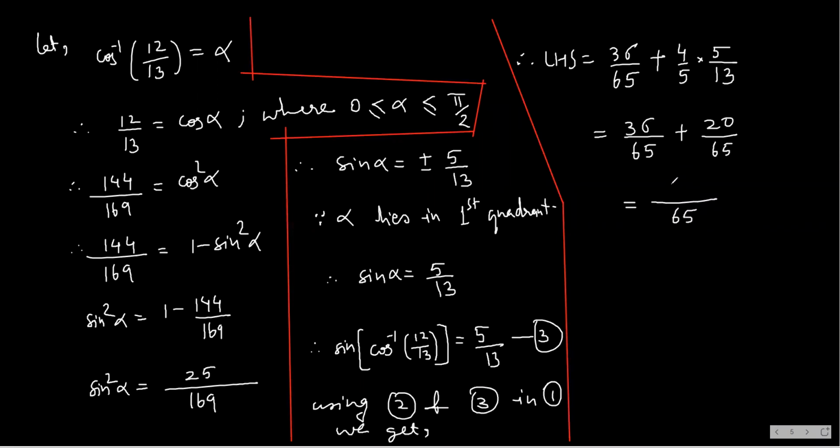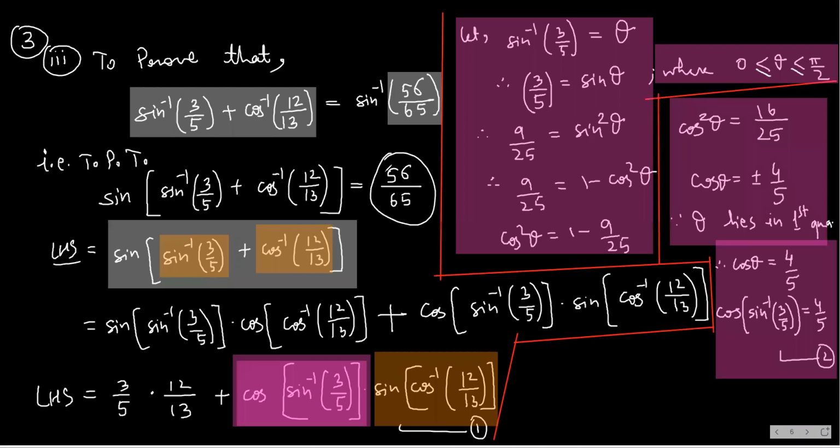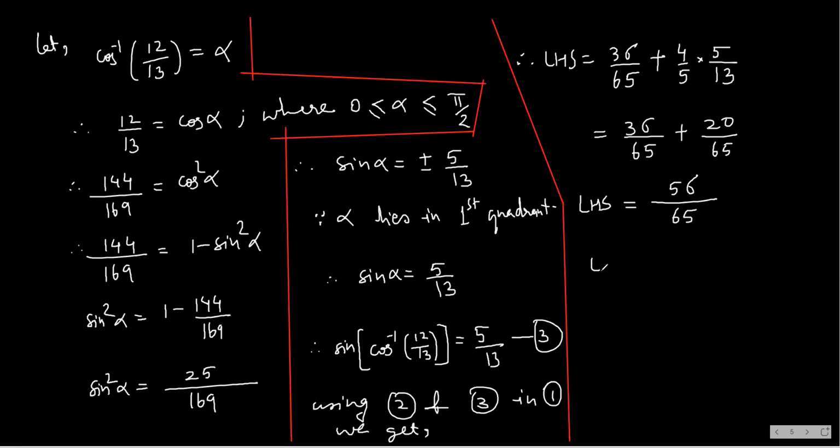The numerators will be added, you will get 56. So this is your LHS and this was the RHS. You remember the required RHS was 56 over 65. So LHS equals RHS, hence proved. I hope you all have understood this.